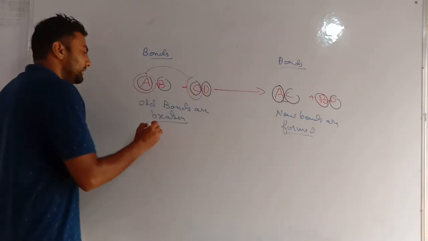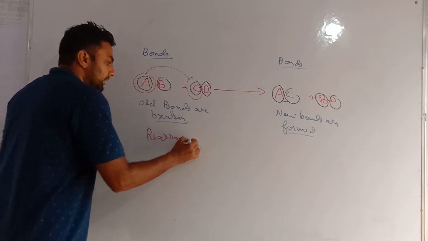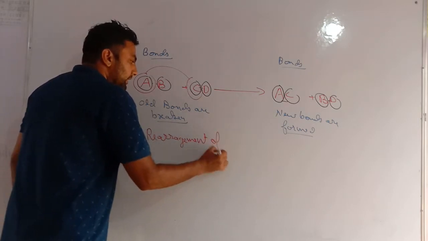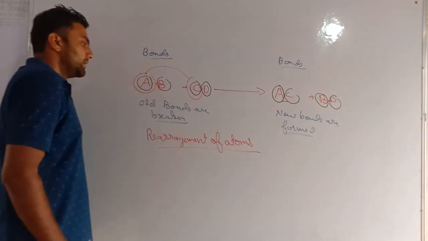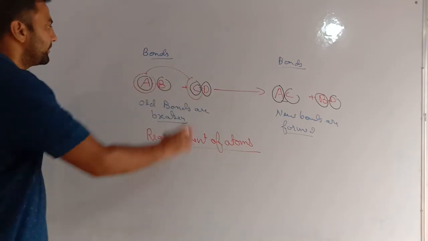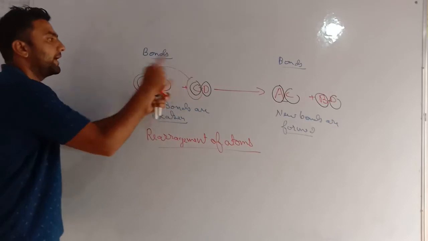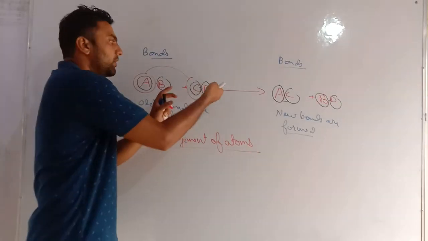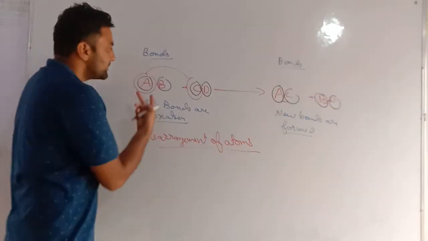Second very important thing, there is rearrangement of atoms. See my dear friends, as you can see, all these elements and their atoms have rearranged themselves in a different setup.